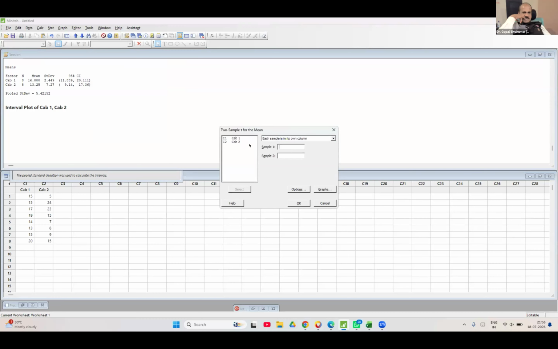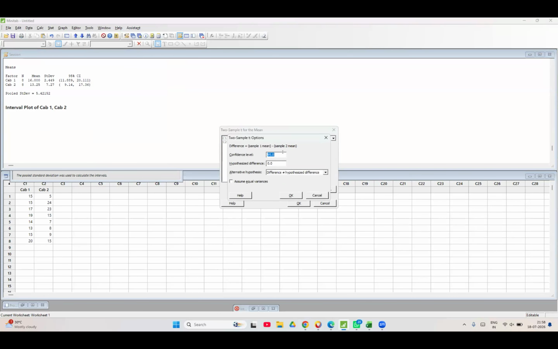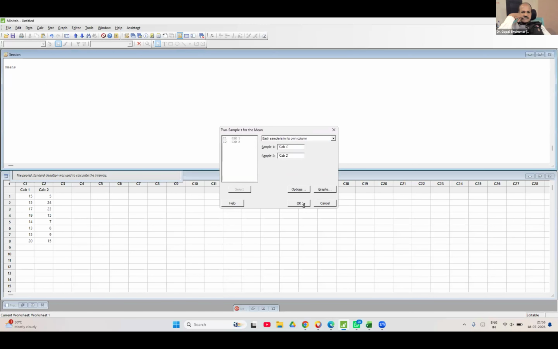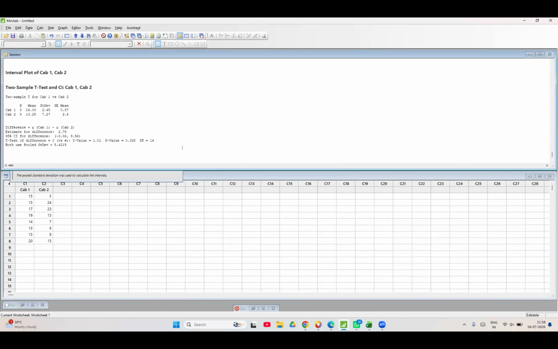Sample 1, C1. Sample 2, C2. Options: give appropriate values. Confidence level 95. No difference, assume equal variance. Okay. Look at the p-value. Same, 0.328.